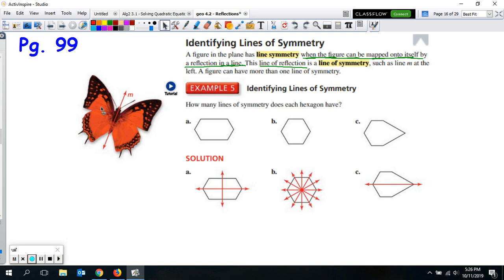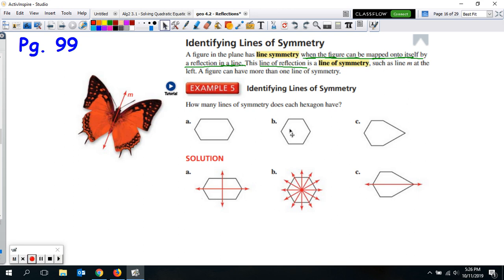Basically, you could fold the butterfly over and it would map onto itself. Same thing we can do to these figures down here. So this hexagon here, they're all hexagons, 6-sided figures, has line symmetry and it has 2 lines of symmetry, one going this way where you could fold it onto itself, and one going vertically where you can fold it this way onto itself.